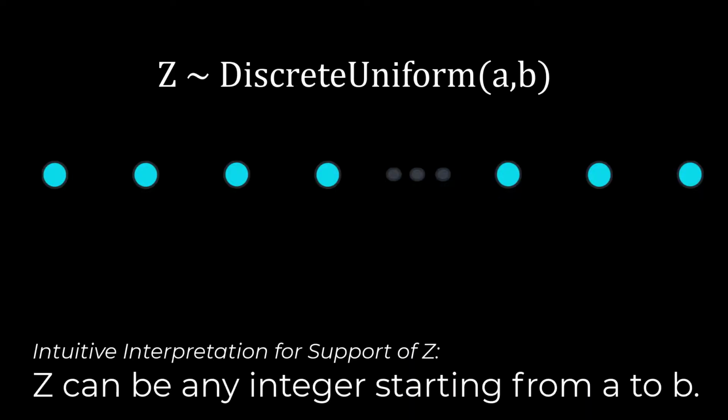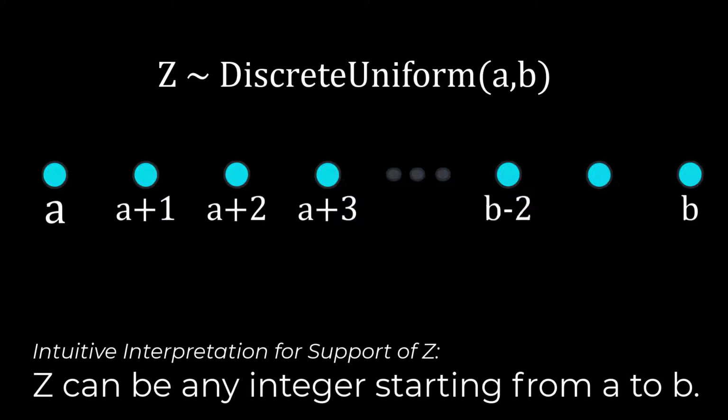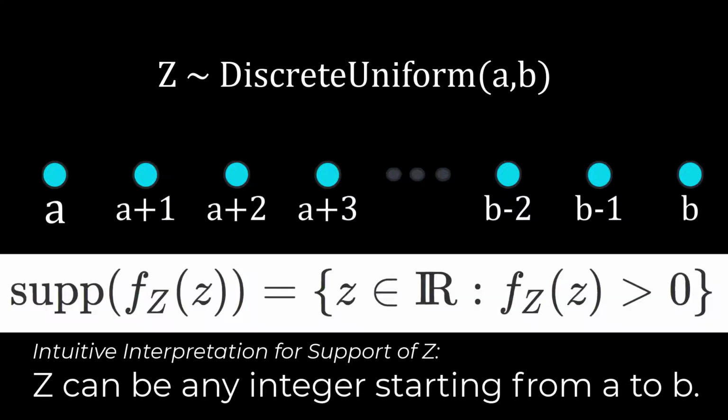As we go back to our discussion of discrete uniform, let's just expose you to some math notation. As a business analyst, you will need to gain some fluency, not only in the real-world decisions you are modeling, but also in the math world concepts and notation that you will leverage for insight. In this case, we say the support of the probability density function, f of z, where the big Z subscript tells us which random variable's probability mass or density function to use, in this case big Z's probability mass function, and the little z in parentheses says this function takes a realization value, little z, as input.